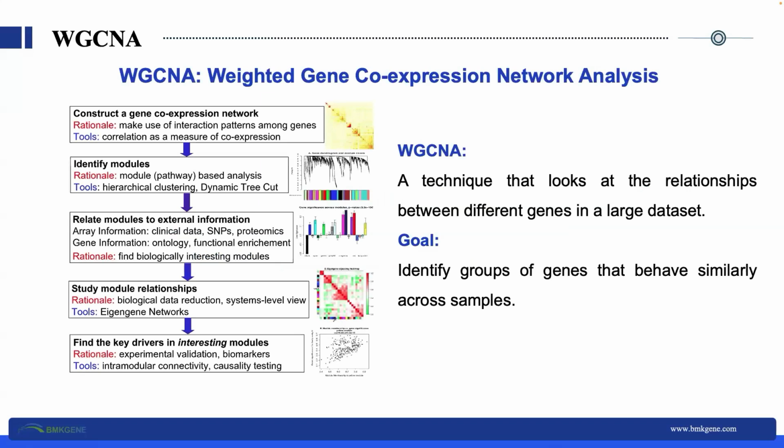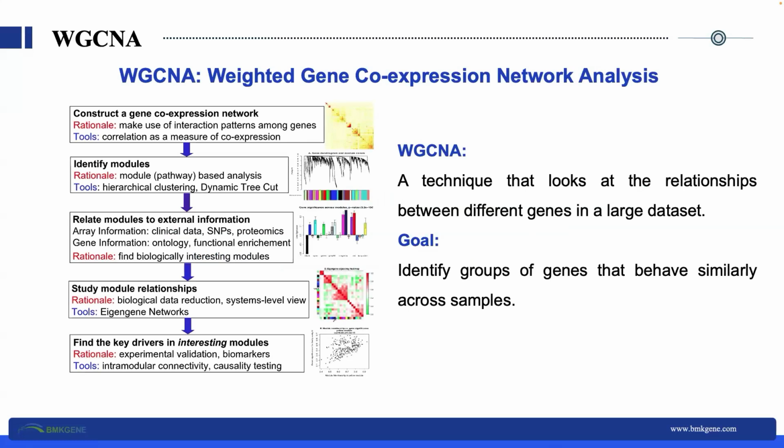Now let's talk about WGCNA. Maybe you've already heard of this method, but don't know the details. Let me introduce it to you simply. The full name of WGCNA is Weighted Gene Co-Expression Network Analysis. WGCNA is a technique that looks at the relationship between different genes in large data sets, typically gene expression data.